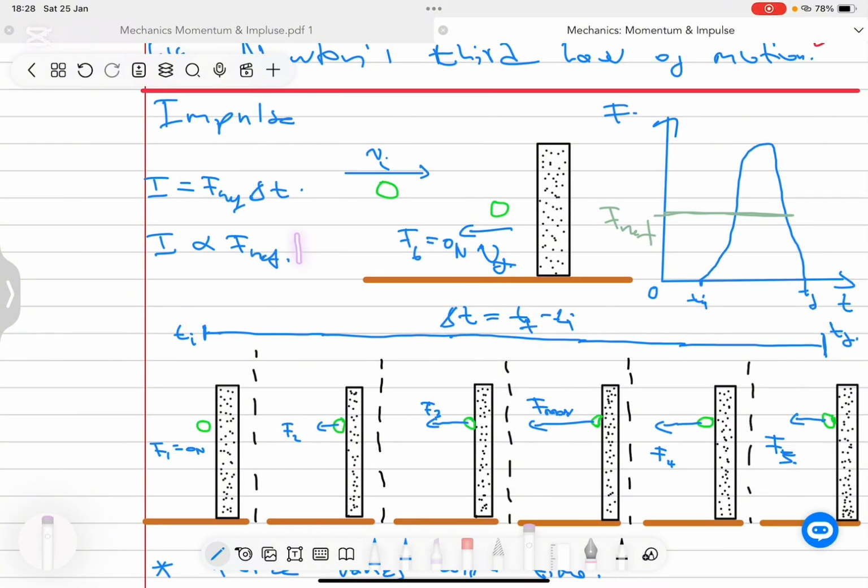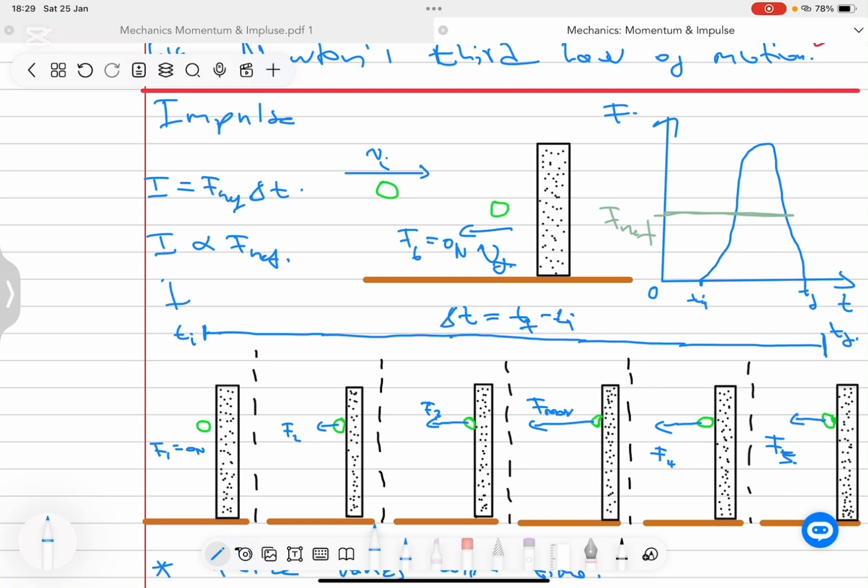This is to say that when the net force increases, the impulse will also increase. When the net force decreases, the impulse will also decrease. And also, the impulse will be a vector quantity because it depends on the net force, which is a vector quantity. That would mean that these two are always in the same direction.